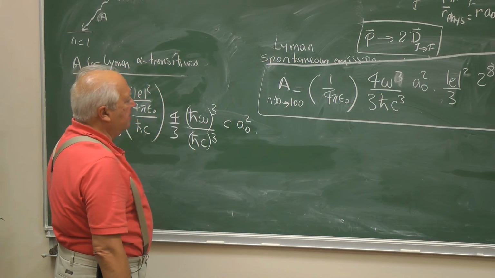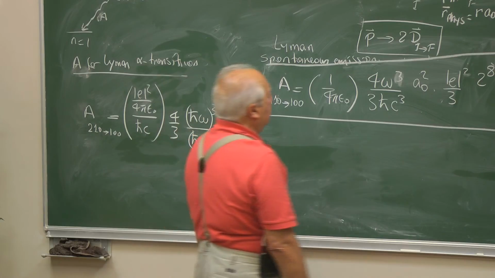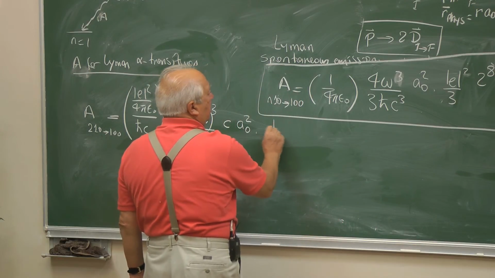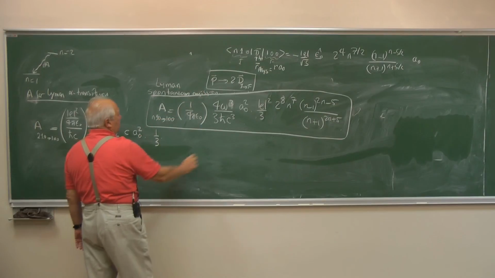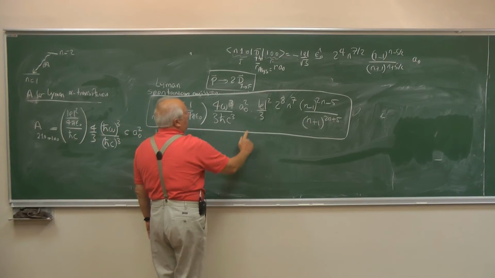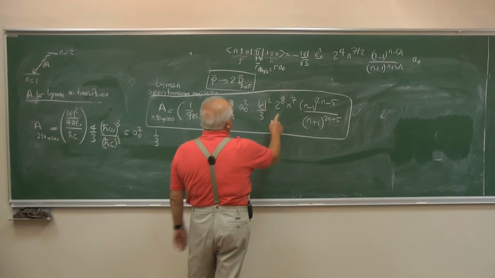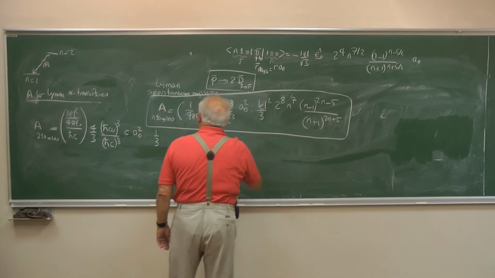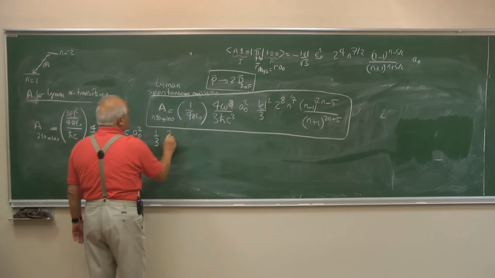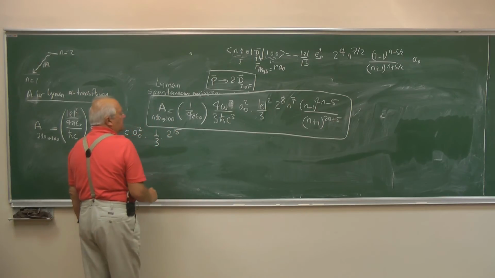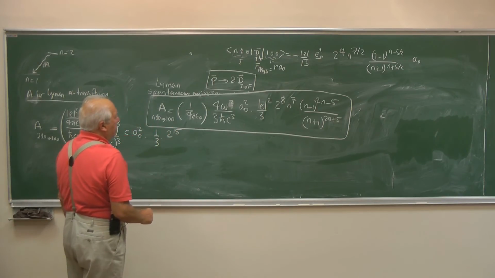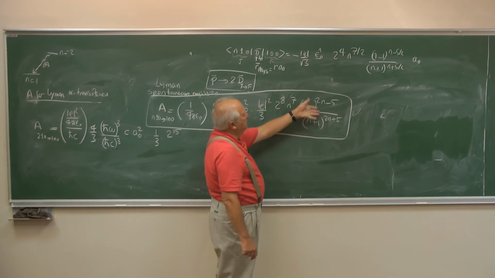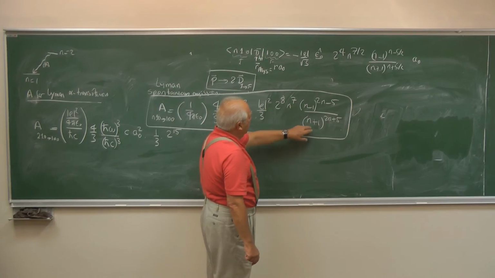Then I have 1 over 3. Now I'll put n equals 2. 2 to the 7, this is 2 to the 15. 2 minus 1 is 1, so it is 1 to the integer power, that's 1.